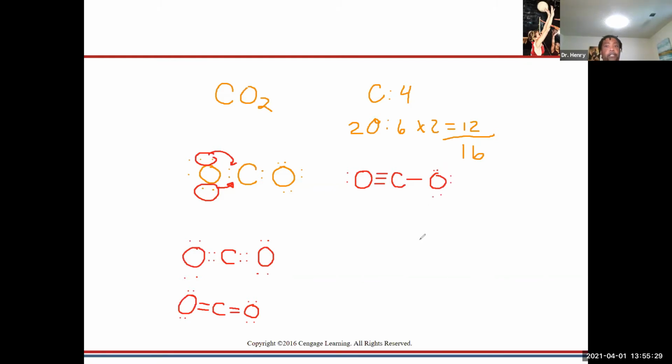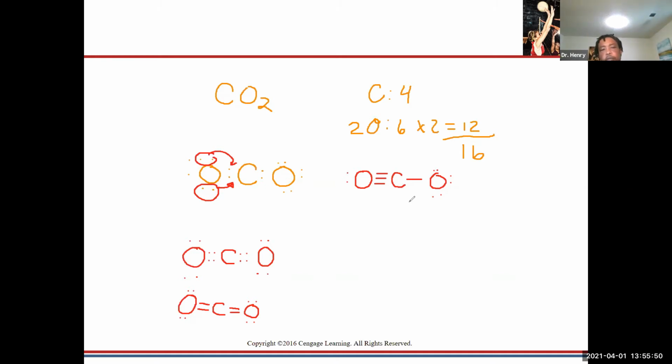Now, according to the octet rule, this is fine, right? Everybody has 8 around them. That's 2, 4, 6, 8 around this oxygen. That's 2, 4, 6, 8 around the carbon. That's 2, 4, 6, 8 around this oxygen, right? So according to the octet rule, perfectly fine, okay?